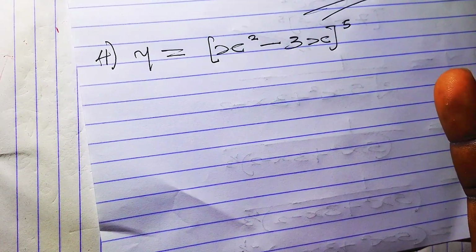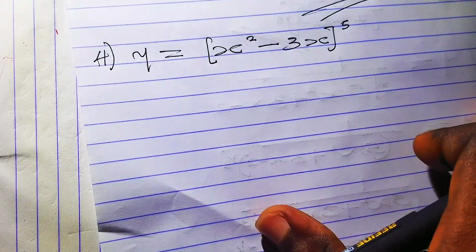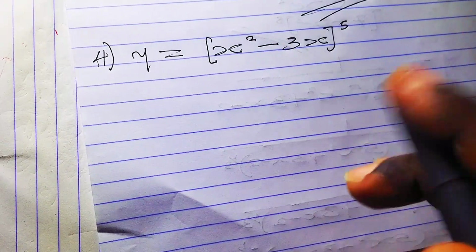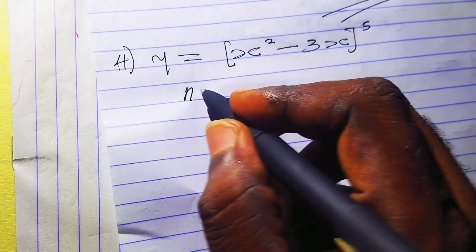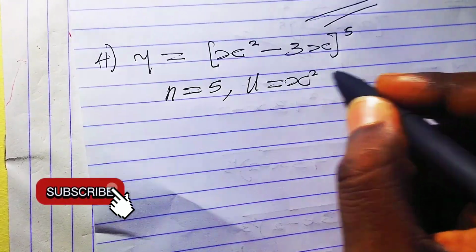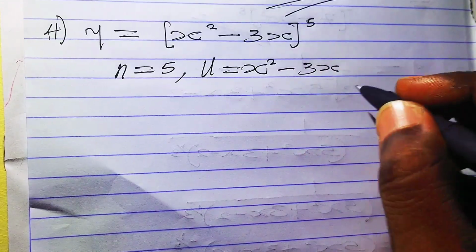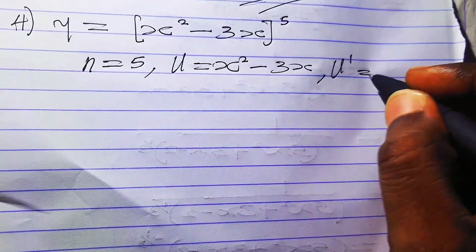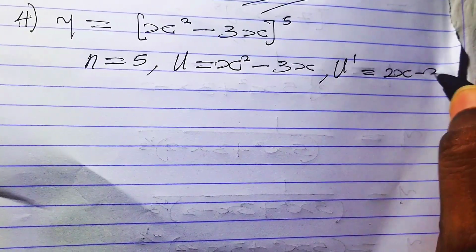It's pretty easy if you apply some basic concept of the chain rule. In this case, our n, which is the power, equals 5, and our u equals x squared minus 3x, and differentiating u, that's going to be 2x minus 3.